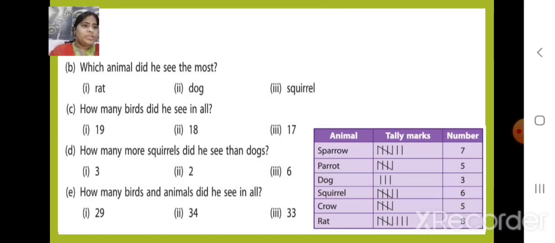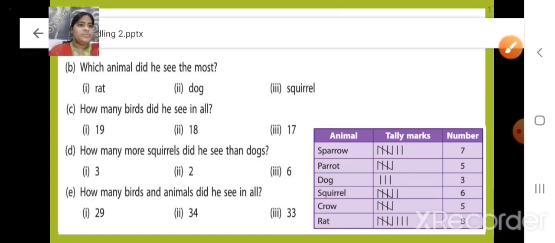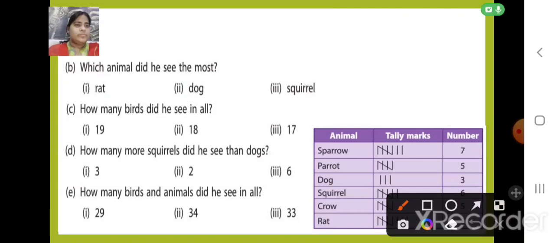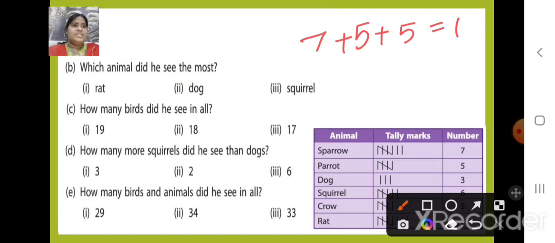So crow, how many are there? Crow is 5. So 7 plus 5 plus 5. Okay, so it is 17, right? So correct. So how many birds did he see? He saw 17 birds. Okay.